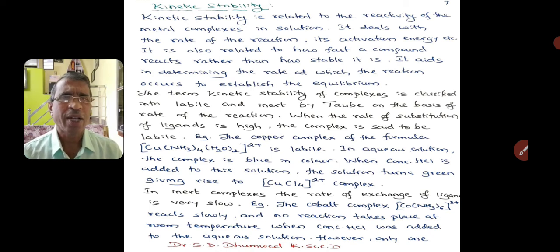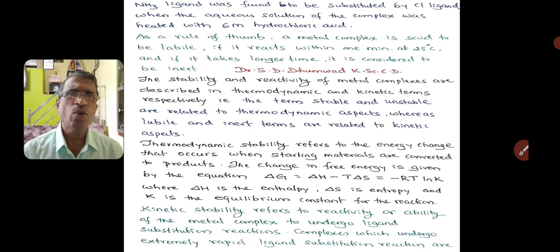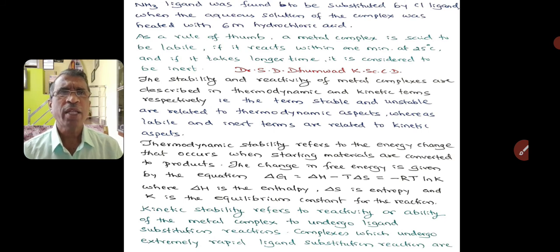So when concentrated HCl is added to the cobalt ammine complex, no reaction takes place at room conditions. However, only one ammonia ligand was found to be substituted by the Cl ligand when the aqueous solution of the complex was heated with 6 M hydrochloric acid, that is, 6 molar concentrated hydrochloric acid. This shows that the above complex is inert in the presence of the acid medium.